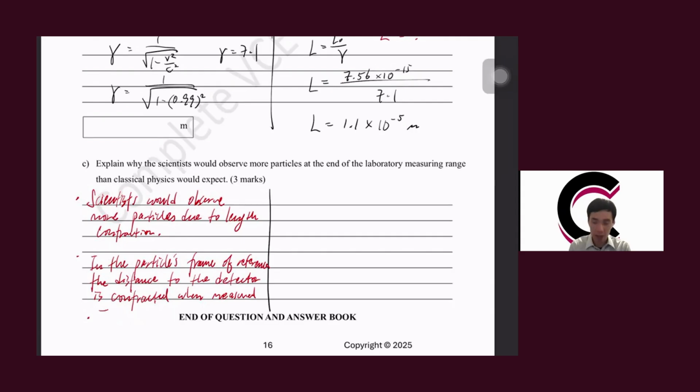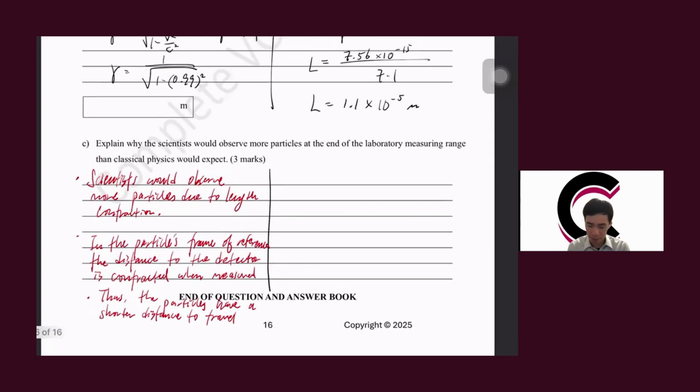So therefore, or thus, if you want to save some ink, the particles have, in their point of view, a shorter distance to travel. So even though they die out, there's a very short half-life for them. They're very unstable. They disintegrate to other particles, right? There's more that can make it to the end because it's a shorter distance.